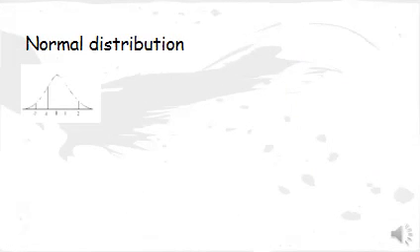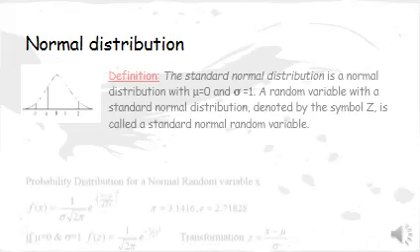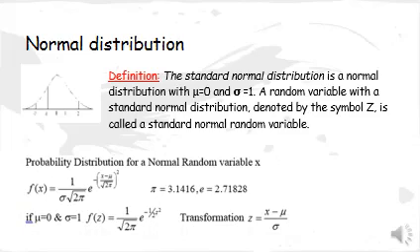Normal distribution. The standard normal distribution is a normal distribution with the average equal to 0 and the standard deviation equal to 1. A random variable with a standard normal distribution, denoted by the symbol z, is called a standard normal random variable.